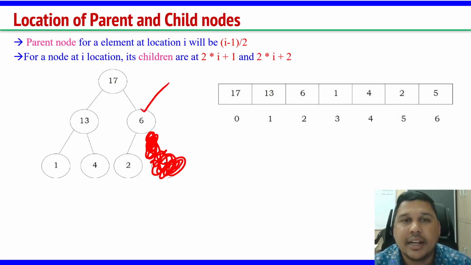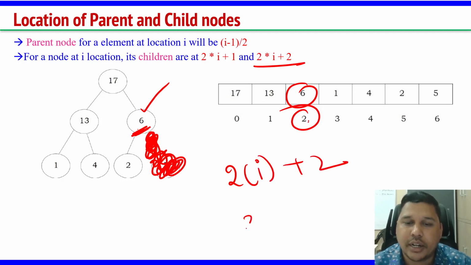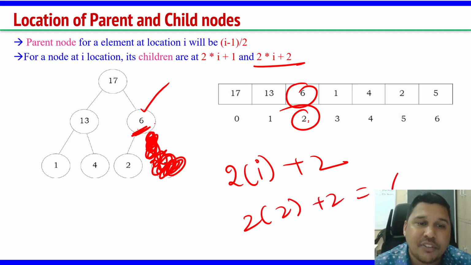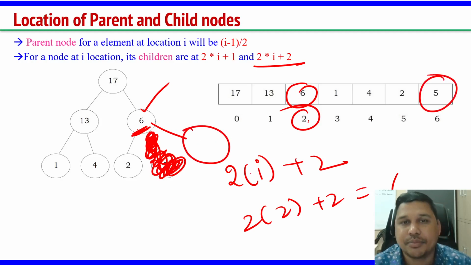So, first find out where 6 is. 6 is at index 2. The right child logic is 2 into I plus 2, so 2 into 2 plus 2, that is 6. So, the new element which you are inserting, you have to store at location 6, that is here.